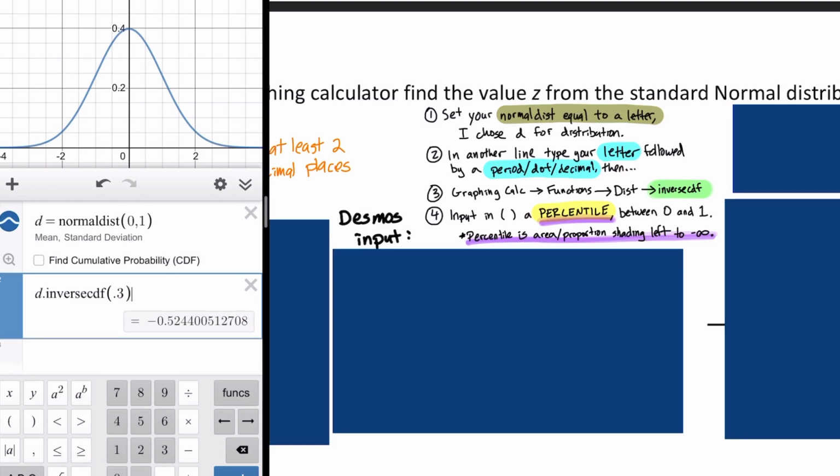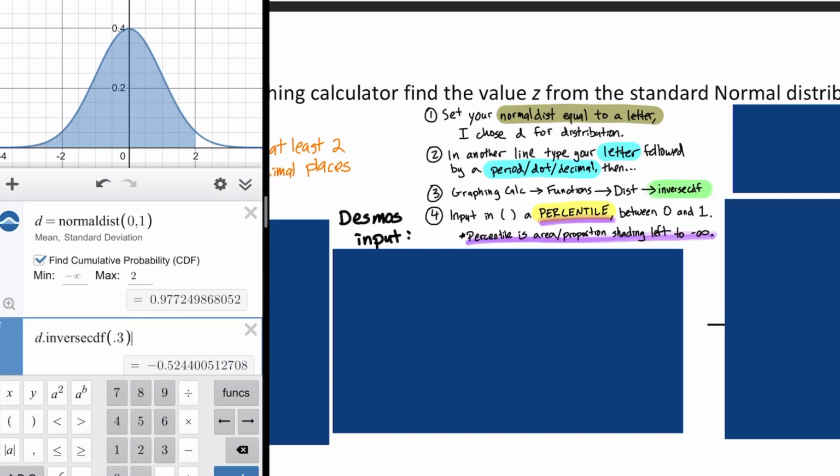With this value of 0.3, notice this did not update the picture at all. If you wanted to make a picture just to check it, you could turn back on the cumulative probability and type in this z-score of negative 0.5244. So what this inverse CDF equals is a z-score, or an x value in a way, but in this case it's a z-score.